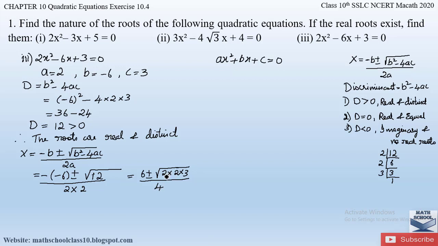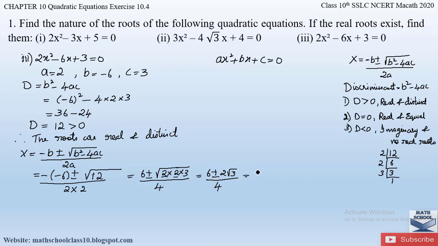So here you can observe that the pairing of the number 2 is done, so it will come outside the root. So this will be 6 plus or minus 2 root 3 divided by 4. Now you can observe that from the numerator and denominator we can take 2 as common outside.